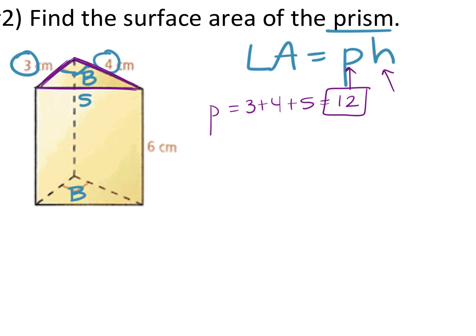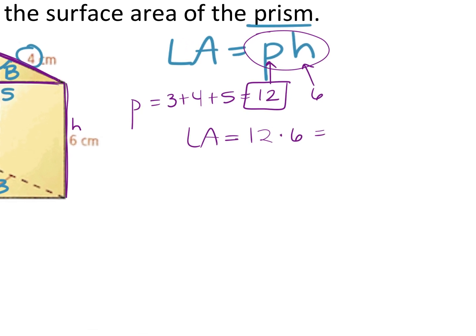Which is the distance between your bases. So the distance between your bases here is this length. So your H is 6. So if I'm doing P times H, the lateral area is 12 times 6. So 72 square centimeters.